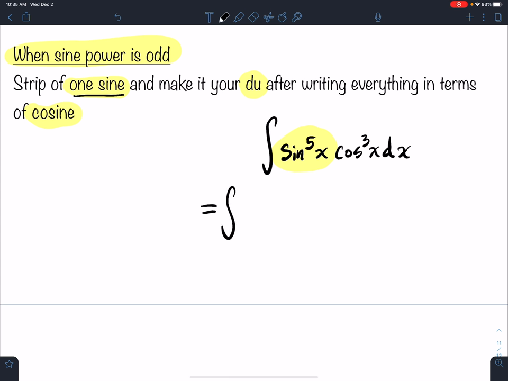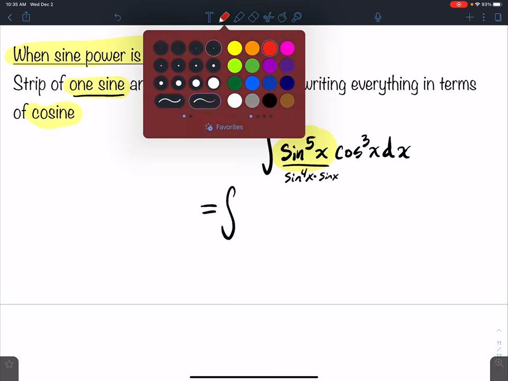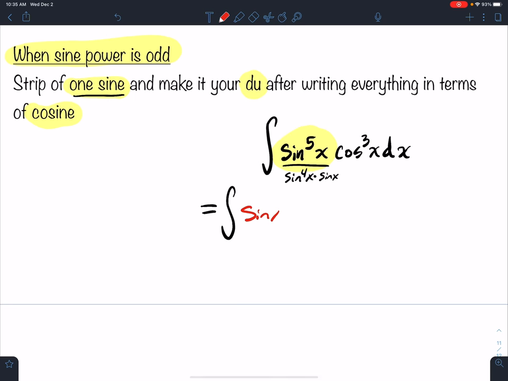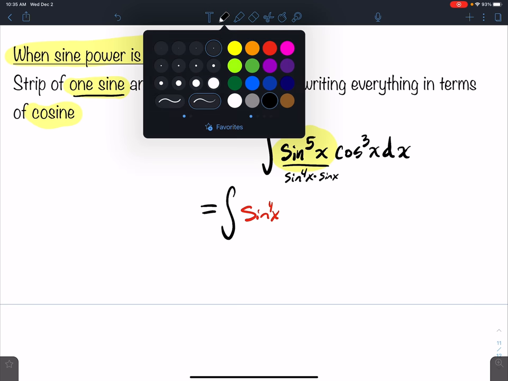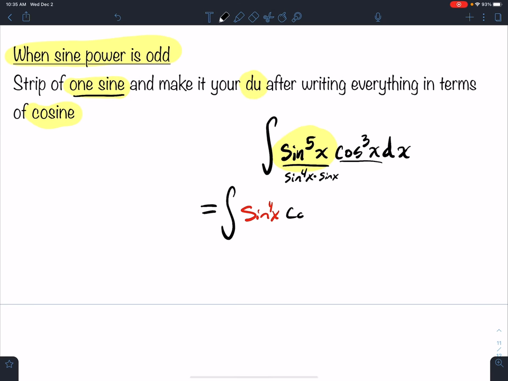So if I strip one sine away, that becomes sine to the fourth x times sine x, right? So I'm going to take the sine to the fourth x and put it up front here. And then I've got my regular cosine cubed x here.